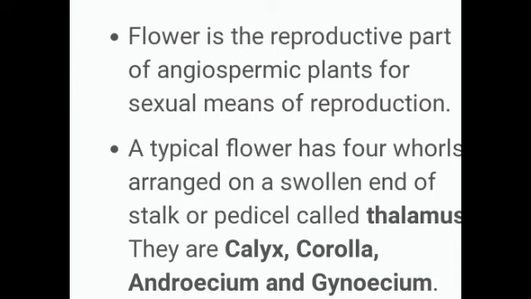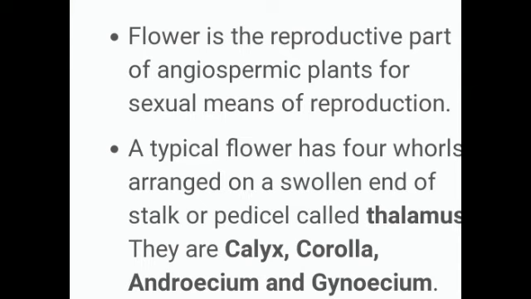Now let us start flowers. Already we know that in a typical flower, different kinds of whorls are arranged on the thalamus. It consists of calyx, corolla, androecium and gynoecium. Calyx and corolla are considered accessory whorls, whereas androecium and gynoecium are essential.